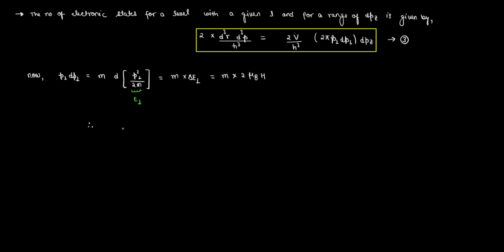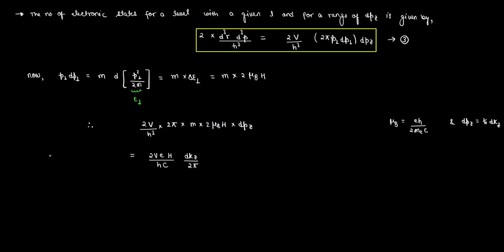Therefore the total number of states will be given by 2V divided by h³ times 2π m times 2 mu_B h times dp_z. Here substitute the value of mu_B and dp_z, so that this will be simplified into 2veh divided by hc times dk_z divided by 2π, and this will be the number of states.